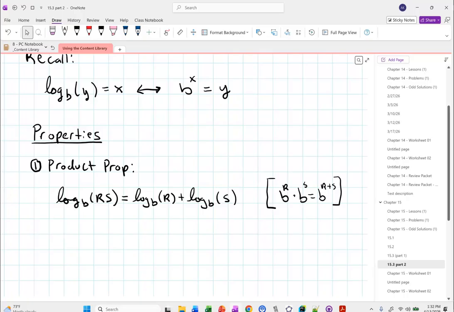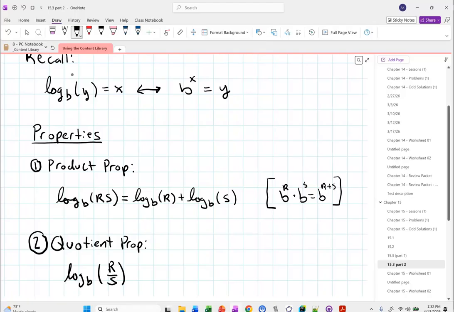We also have a quotient property that says division inside a logarithm is the same as subtraction outside the logarithm.